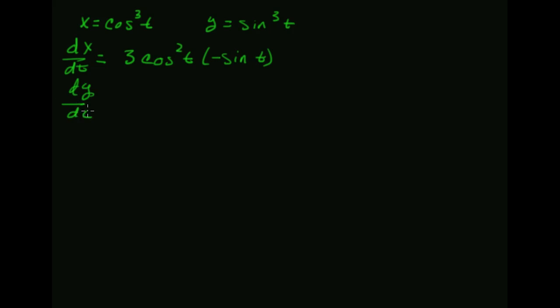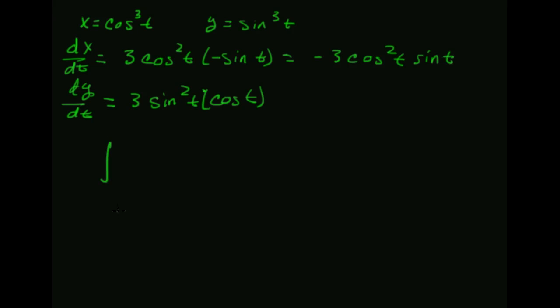The y comes out as 3 times the sine squared t times the cosine of t. My tendency here is to clean this up a little bit, move that negative out front. I don't think it's going to matter much in this problem, but there we go.